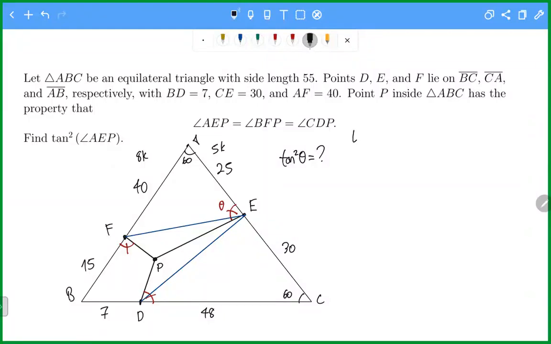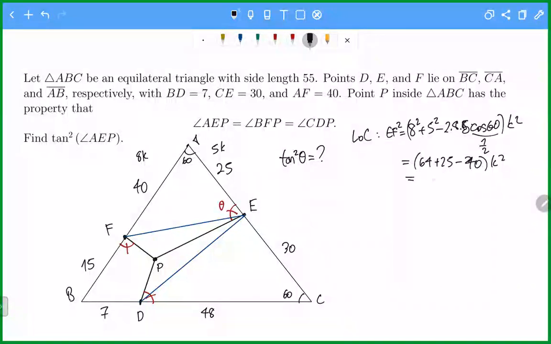From the law of cosines, EF squared equals 8 squared plus 5 squared minus 2 times 8 times 5 times cosine 60. Cosine 60 is 1/2. When you replace everything and do the algebra, you get 64 plus 25 minus 40, times K squared, and this is 49 K squared, which tells me that EF is 7K, and K is 5, so EF is 35.